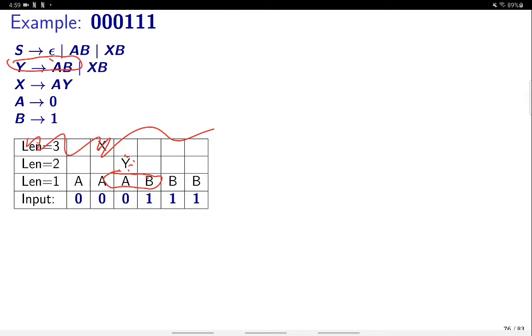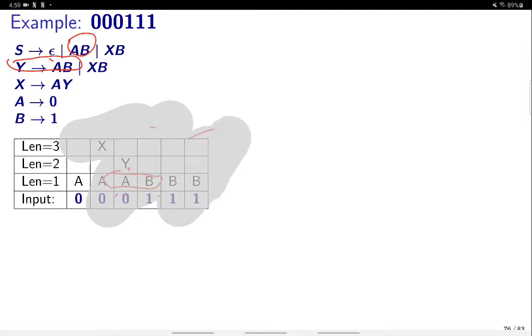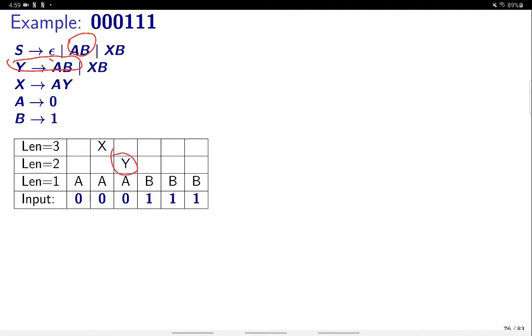In fact, we should also say S here, but it doesn't really matter. Y or S both generate AB, and as such, they can generate the string 0, 1. So that's how we fill this entry here.